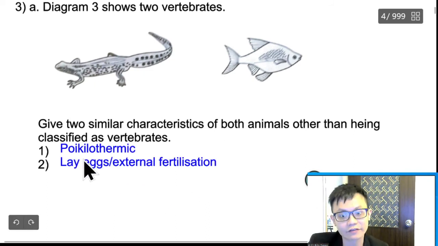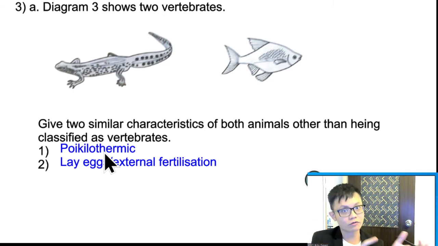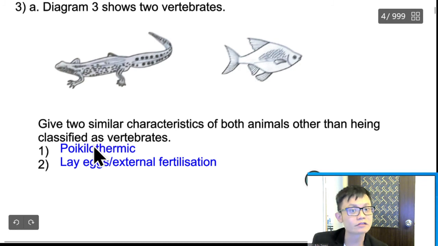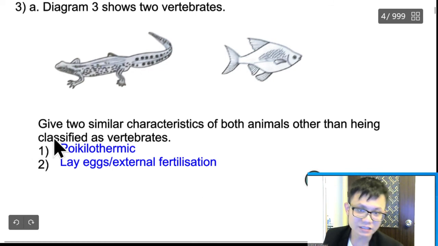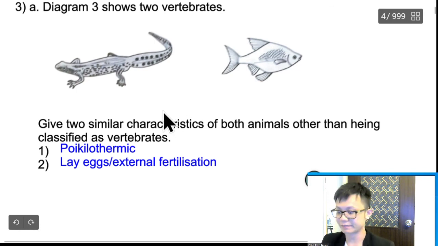So we can say that both are poikilothermic, correct or not? Because both are cold-blooded animals, can go to warm and cold, and both also lay egg. Or both have external fertilization. I wouldn't say moist skin, because maybe reptile doesn't have moist skin. But both lay egg and both are poikilothermic.